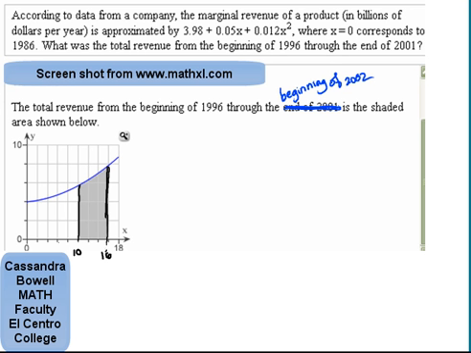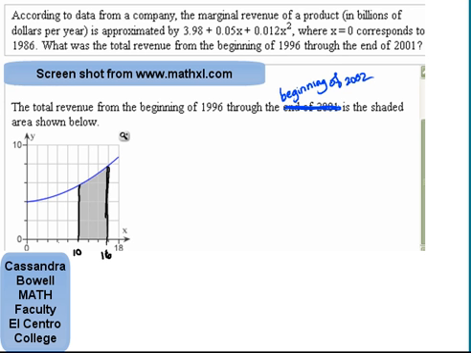You don't want to use 15, because 15 is the beginning of 2001, but we want the beginning of 2002. Beginning of 1996 to the beginning of 2002. So this area you'll have to shade on your paper.